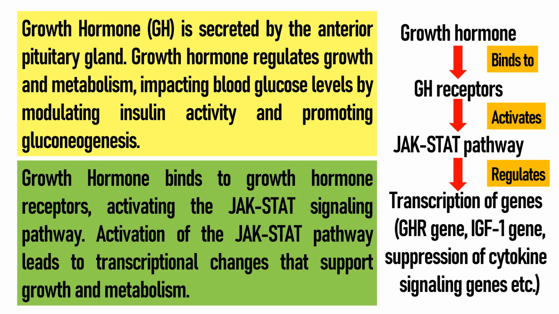Activation of transcription of the growth hormone receptor gene and the insulin-like growth factor 1 gene, and suppression of cytokine signaling genes are just a few examples of the effect of growth hormone in transcription regulation. This affects the synthesis of gene products, which further affects metabolic processes.